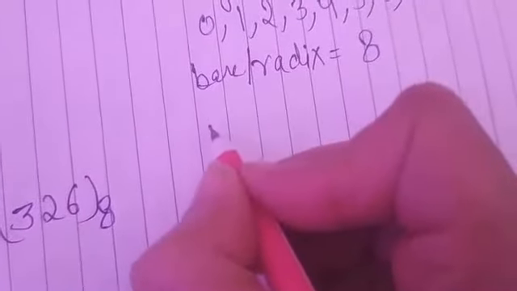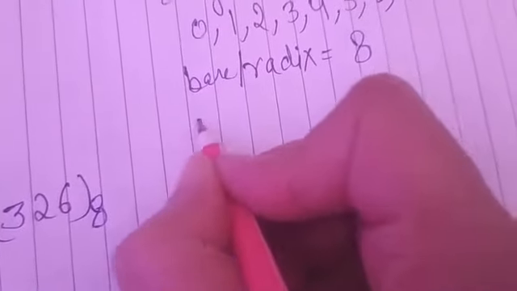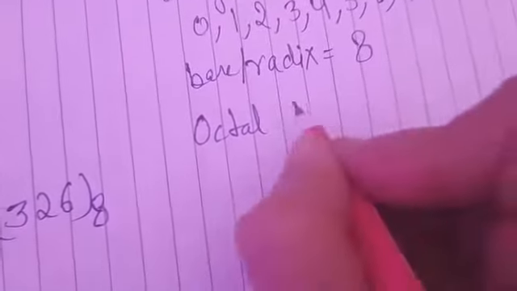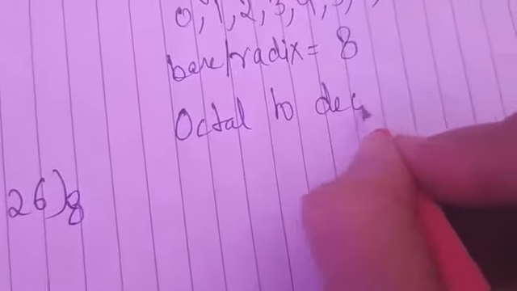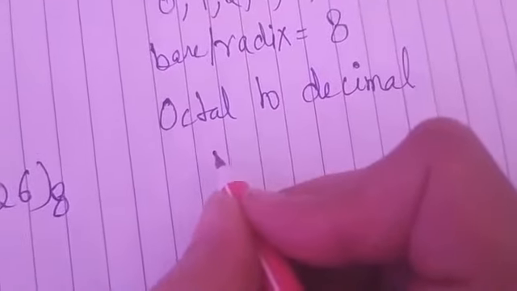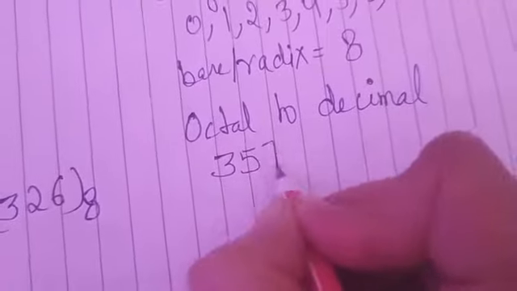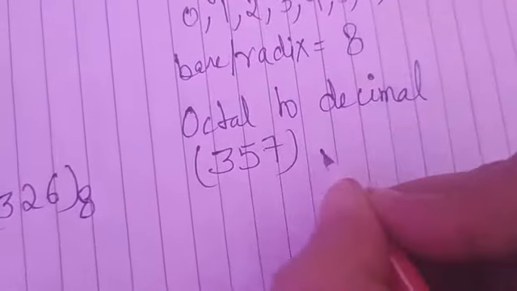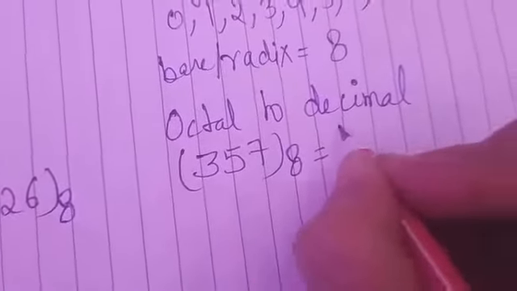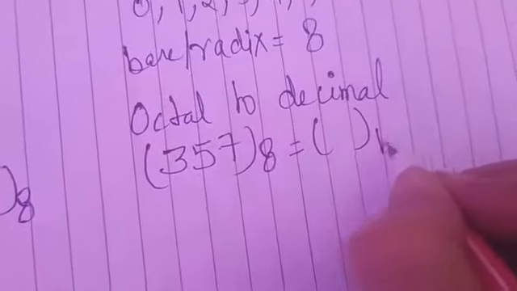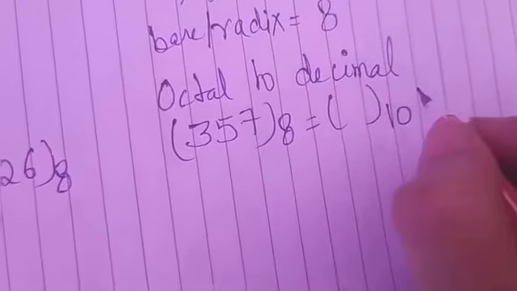Now suppose we want to convert an octal number to decimal. Octal to decimal. Suppose we have the number 3, 5, 7. It's an octal number and we want to convert this into decimal.